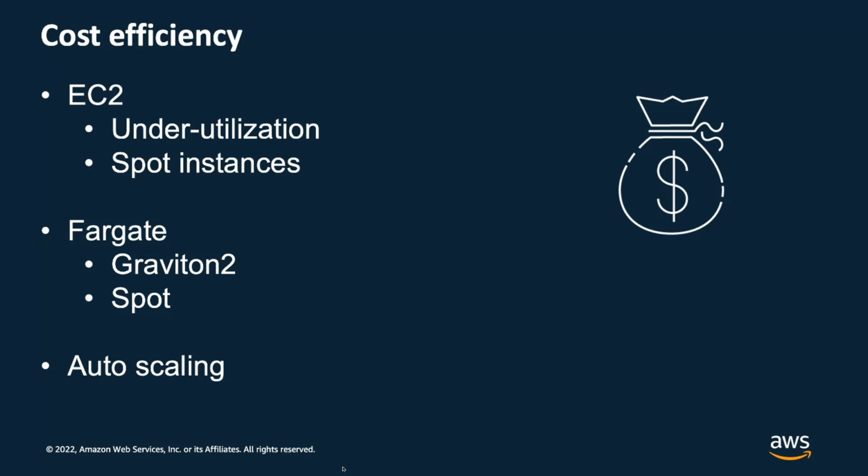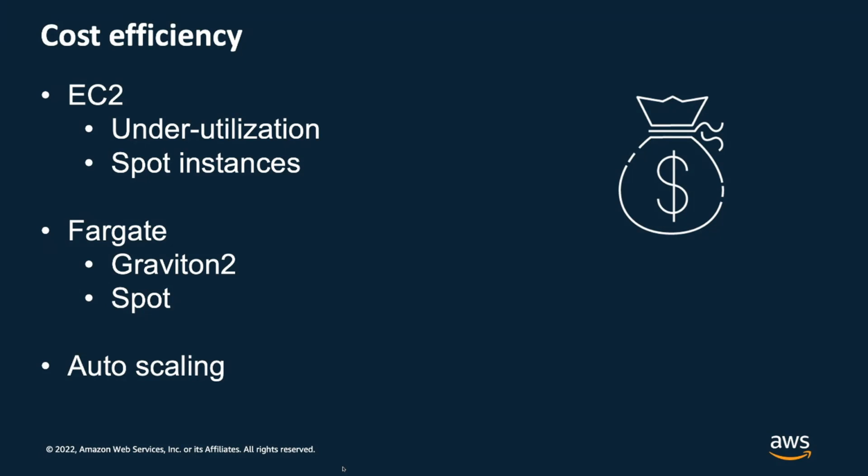The one thing to note with operating on spot is that when AWS needs to reclaim those instances, they will reclaim the spot instances. They give you a 2-minute warning, and then essentially the tasks or instances are shut down and then they don't come back up until there's availability of spot again in that availability zone.